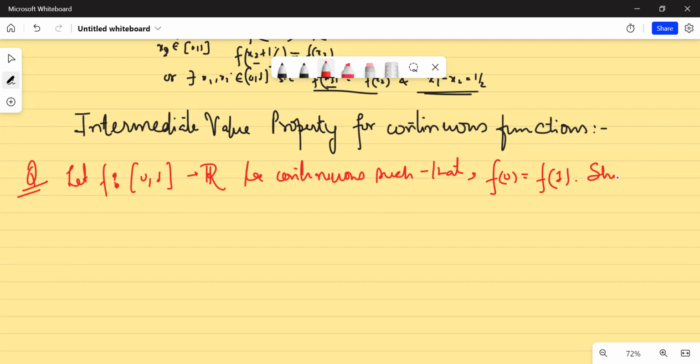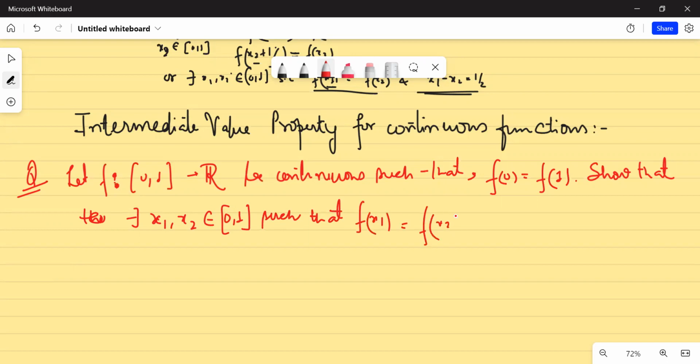Then we have to show that there exist x1, x2 belonging to [0, 1] such that f(x1) is equal to f(x2) and x1 minus x2 equal to 1/3.